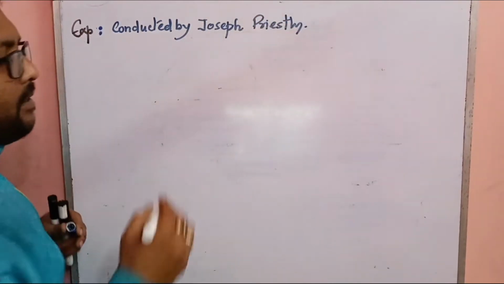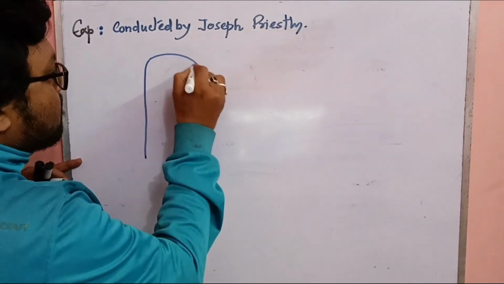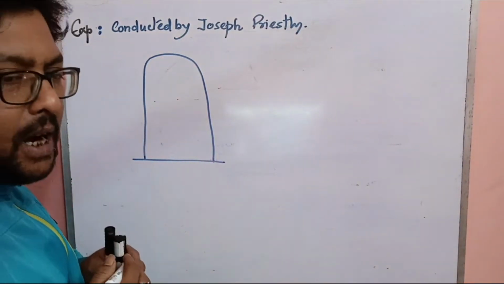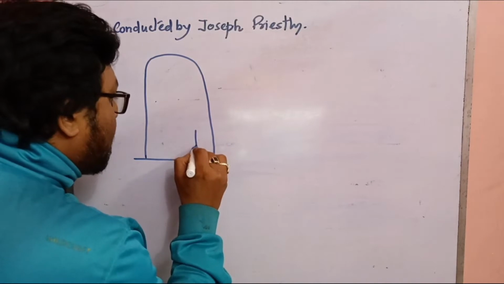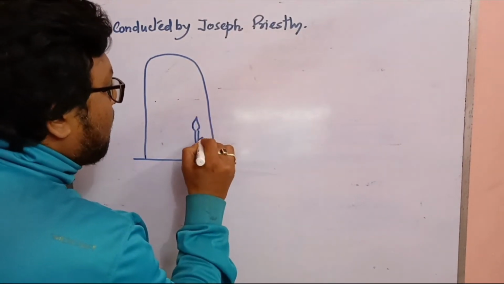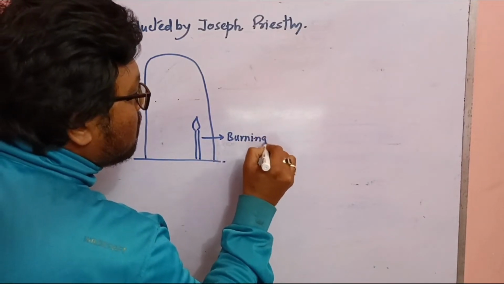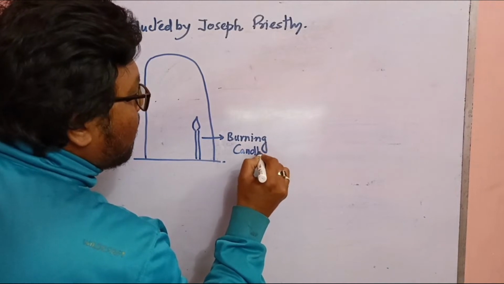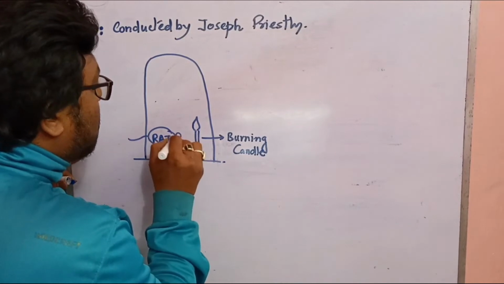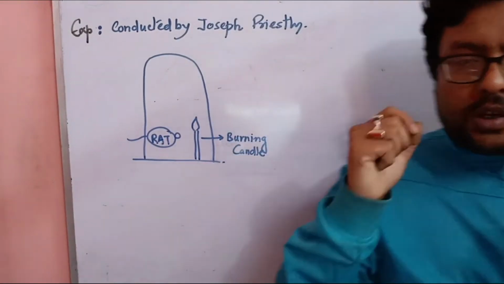Now what he did, he took a closed bell jar, and within the closed bell jar a burning candle was kept, and along with that a rat was also kept within that closed bell jar.